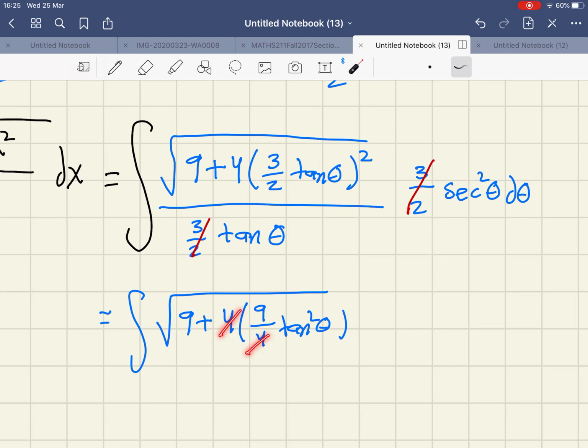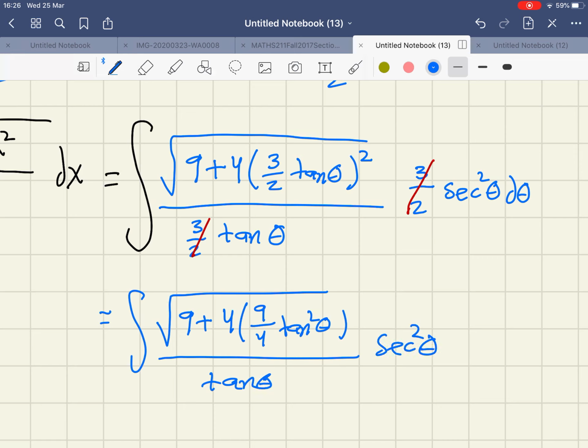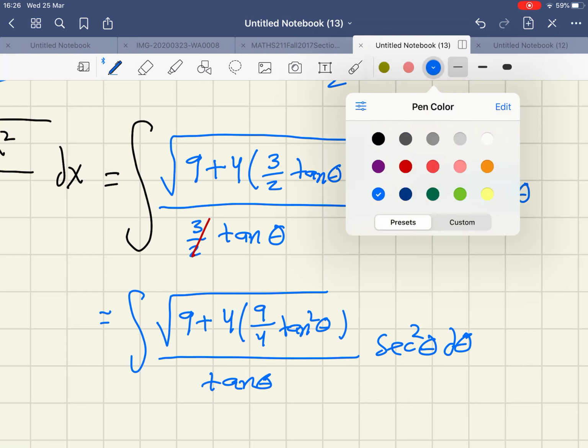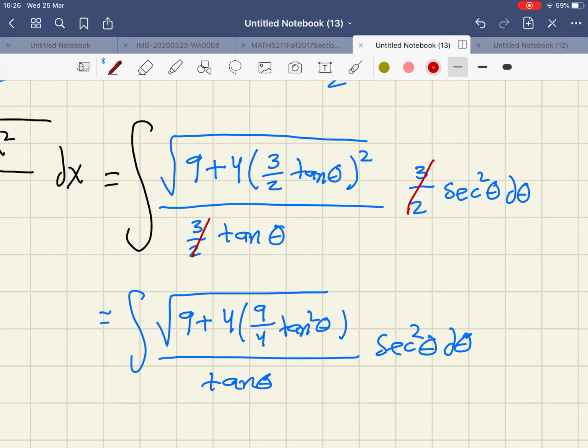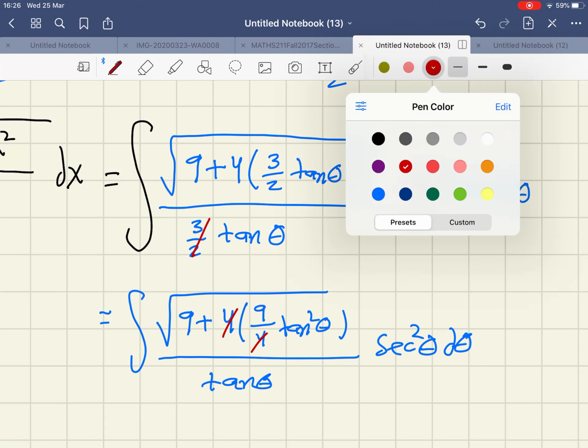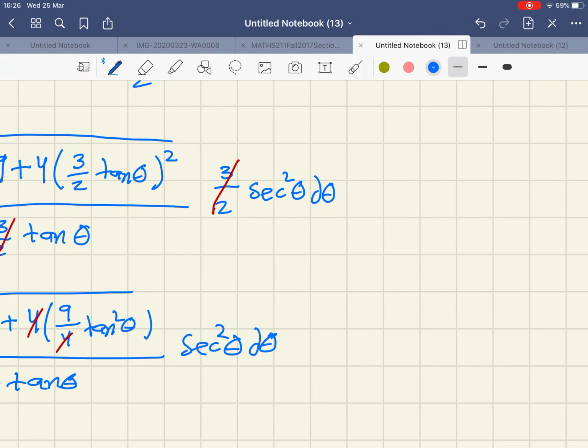Again, I will get cancellation here, 4 and 4. And I will take 9 as common factor. That will be the next step, over tan theta secant square theta d theta. As I just said, I will do the cancellation. I will take 9 as common factor. And that's what I will get.